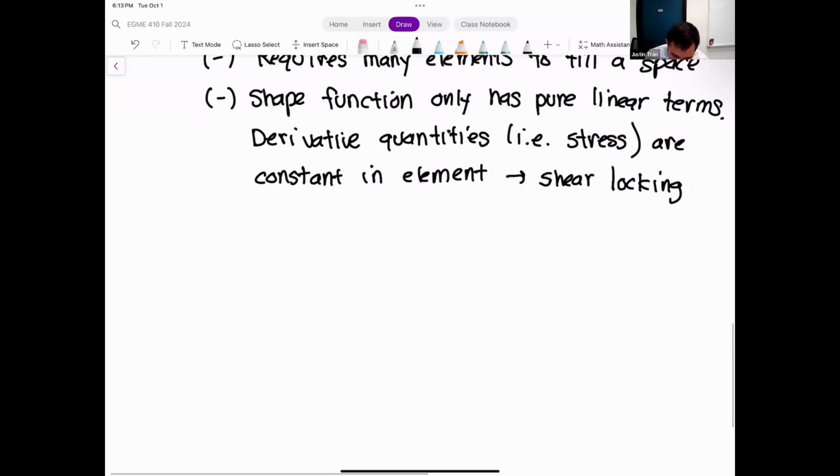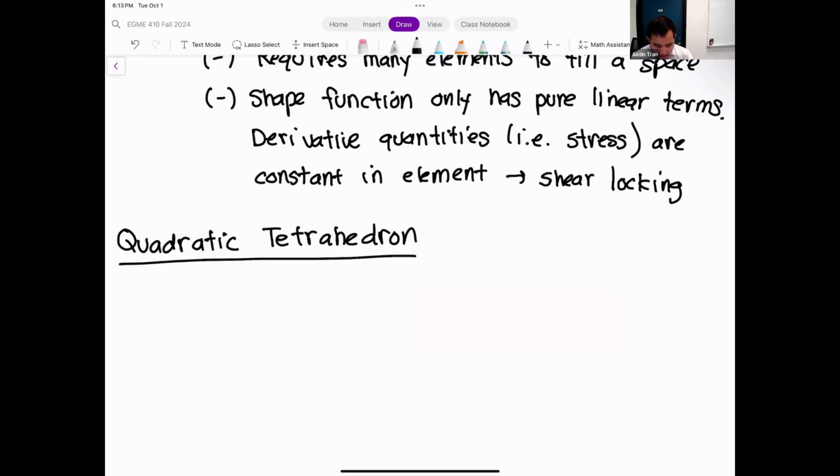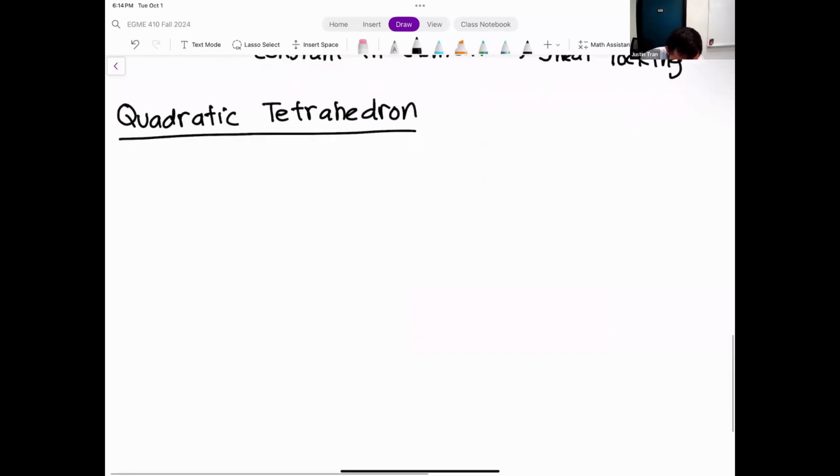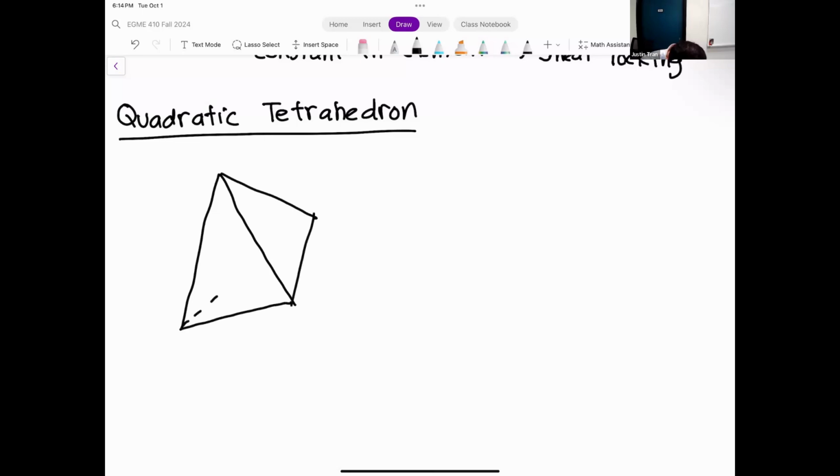So the next element type that we have is the quadratic tetrahedron. So the quadratic tetrahedron is a tetrahedral element. So the element itself looks the same, at least visually. Right, so we have our four-sided pyramid.